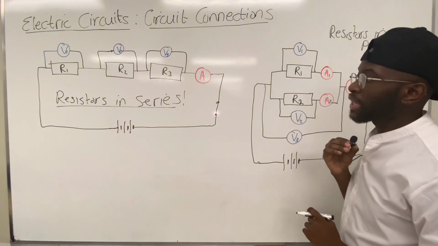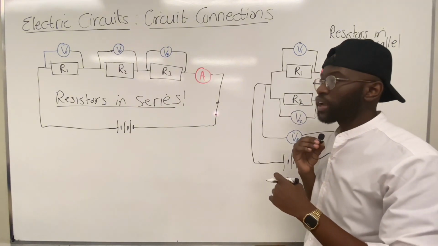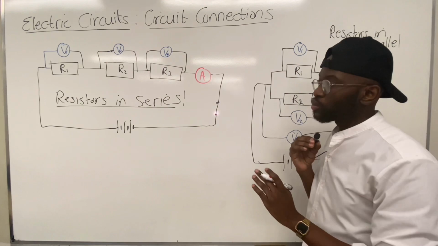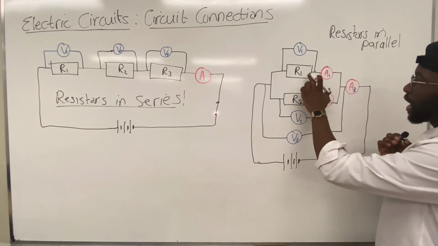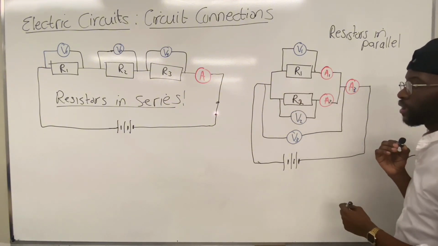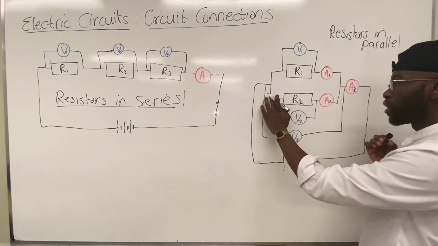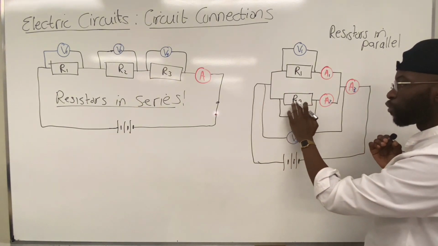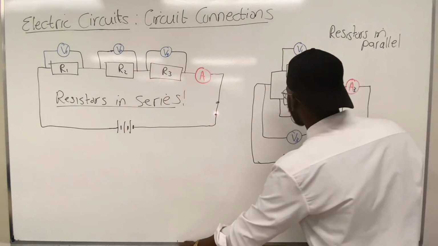Now, remember that current will always try to find the easiest path to go through. So let's say that if R1, the first resistor, was to be broken, our current will still flow, but all of it will now move to flow through this direction of R2.